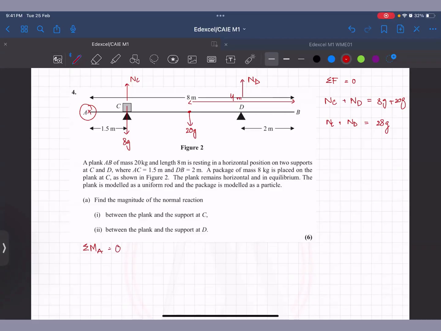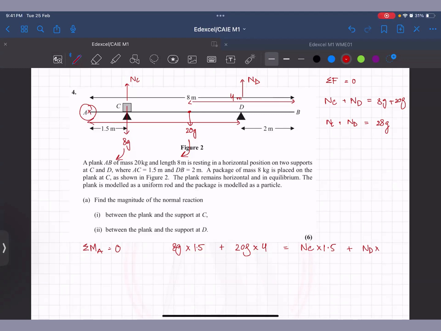There are two clockwise moments: 8G times 1.5 plus 20G times 4 meters, the middle, is equal to the two contact forces: NC multiplied by 1.5 plus ND multiplied by 8 minus 2, because we need the distance from the pivot.